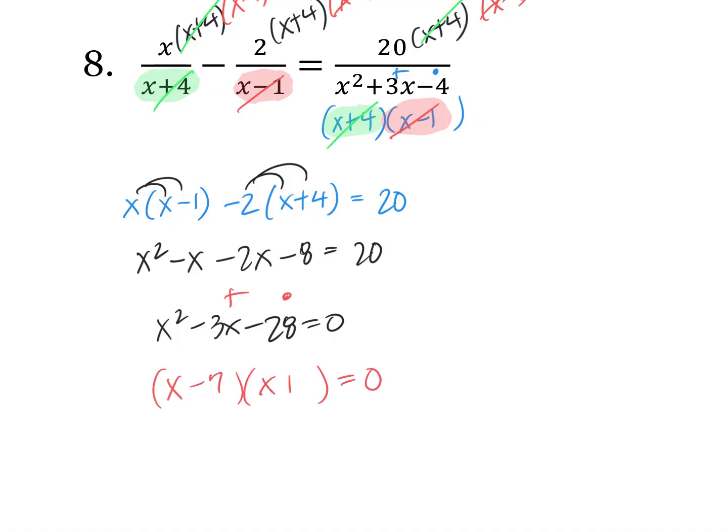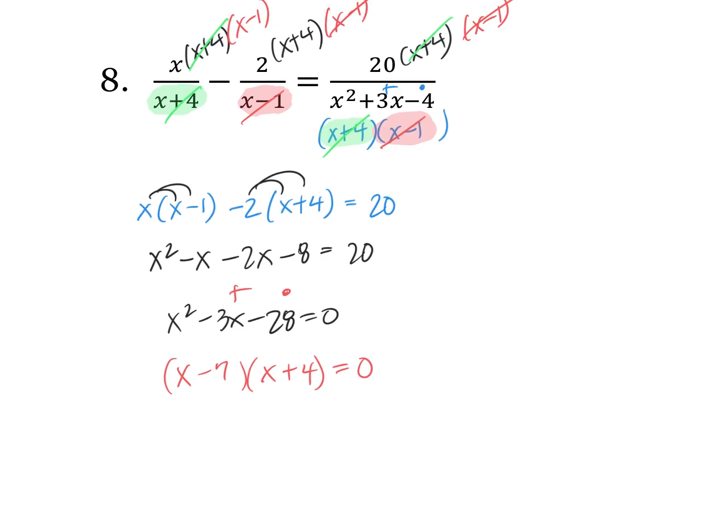X minus 7, x plus 4. What are my x values going to equal? Negative 4 and 7. Which one of those can x not equal if we go back to my beginning? She says, a negative 4 right there would make a 0 in my denominator. So x cannot be negative 4, but I can have a 7.